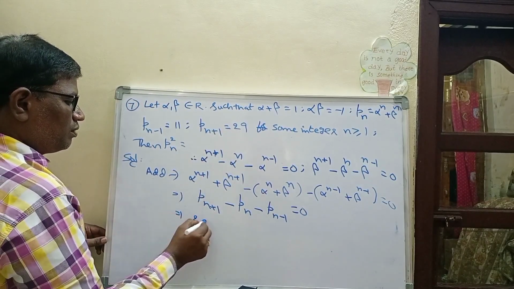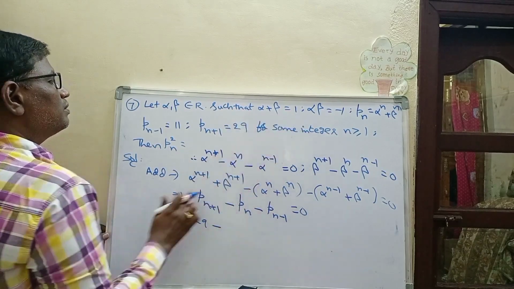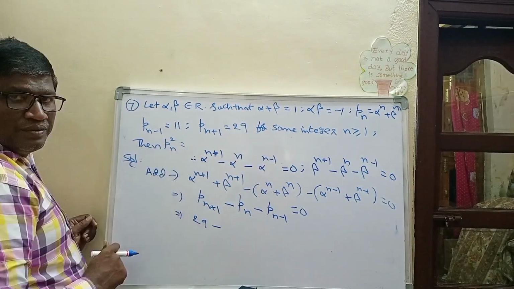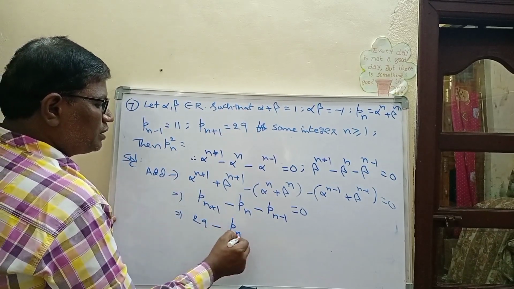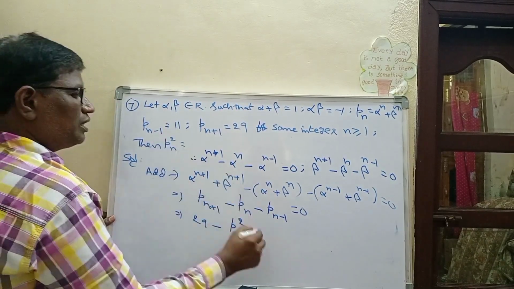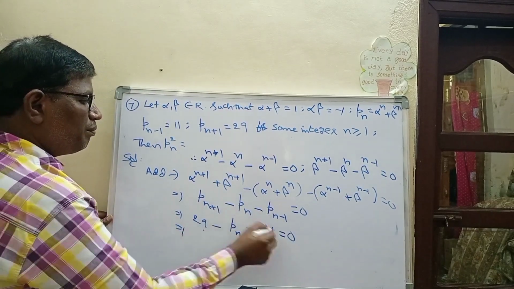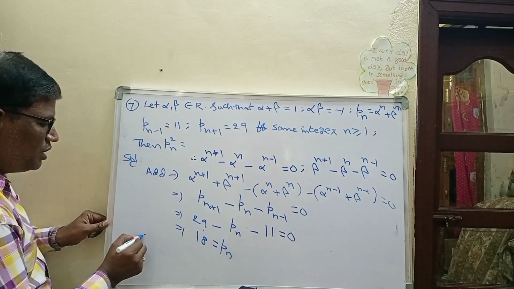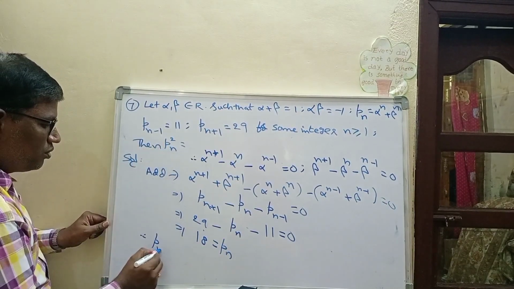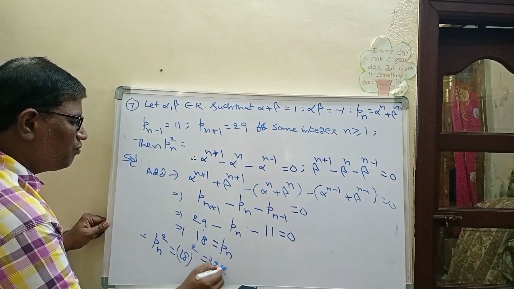And P n minus 1 is 11. So from this, 29 minus 11, that means 18 is equal to P n. Now the question is P n square we have to find. So P n square is nothing but 18 whole square, which is 324. That is the correct answer.